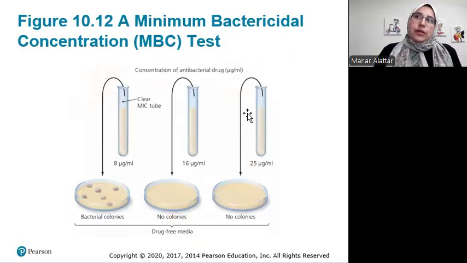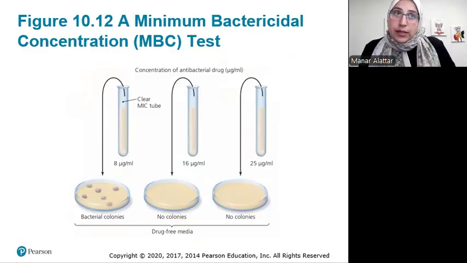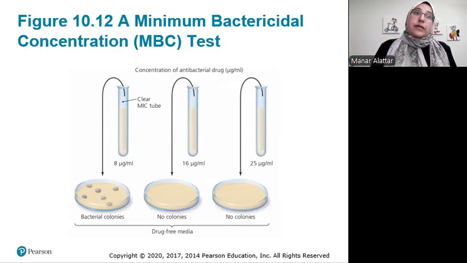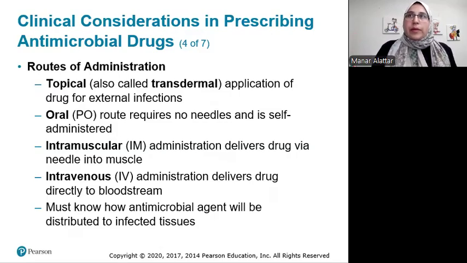You can also do a serial dilution in a tube of an antibiotic mixed with a slurry of your specific organism, and plate those to see what is the most effective concentration. But it is important to administer the correct amount of antibiotics so that it is effective against the pathogen, but not over-administered.